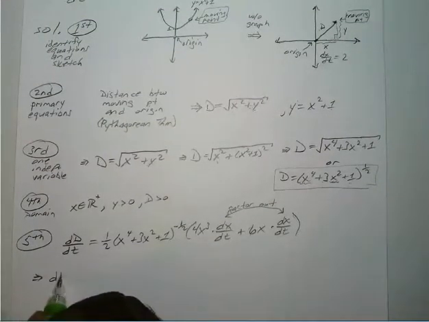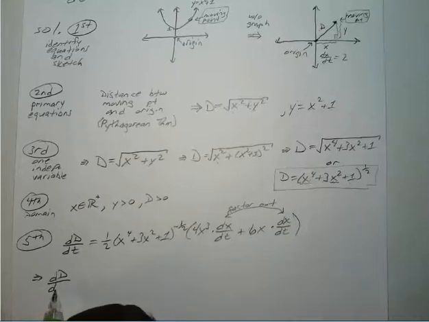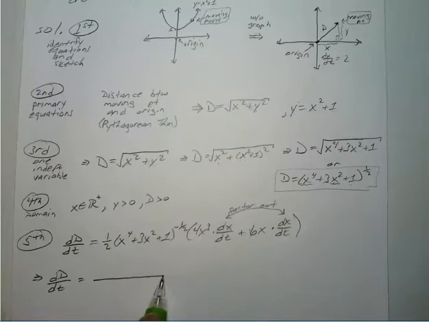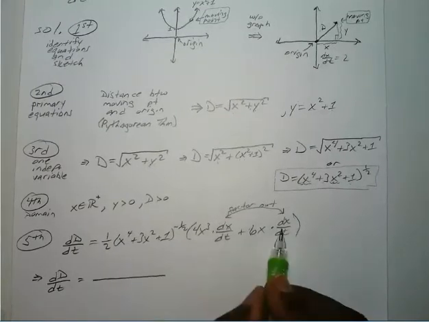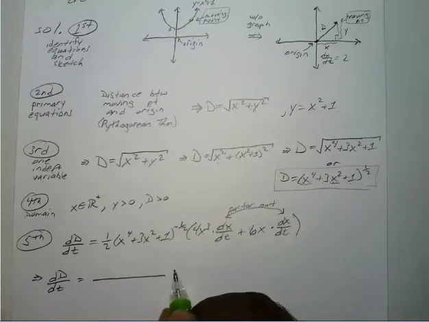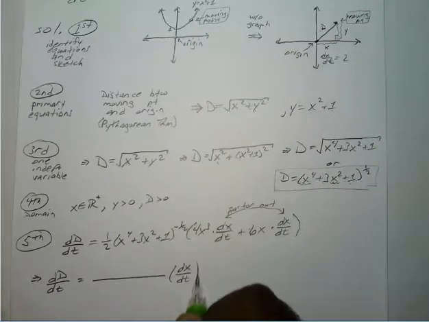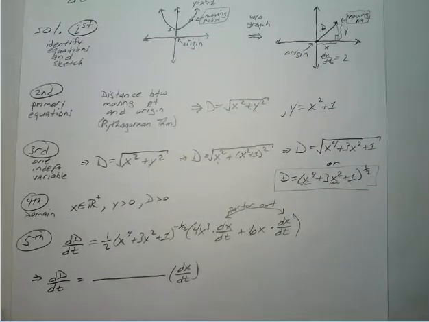Okay, so the rate of change of our distance with respect to t is going to equal, I'm going to put the 4x to the 3rd plus 6x right in our numerator, because if we factor out our dx/dt, we'll just make that dx/dt.